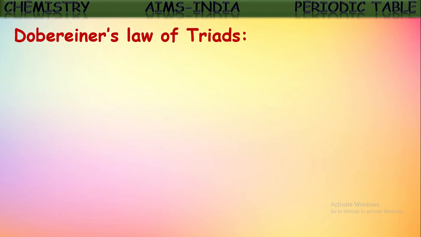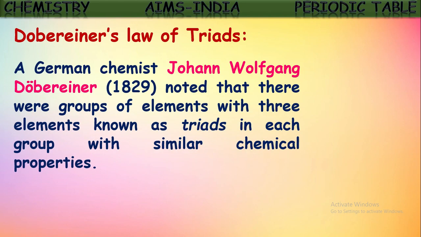So next, one more scientist, Dobereiner, tried to classify the elements. A German chemist, Johann Wolfgang Dobereiner, noted that there were groups of three elements, known as triads, in each group with similar chemical properties. So while studying the properties of the elements, he observed three elements having the same kind of chemical properties.